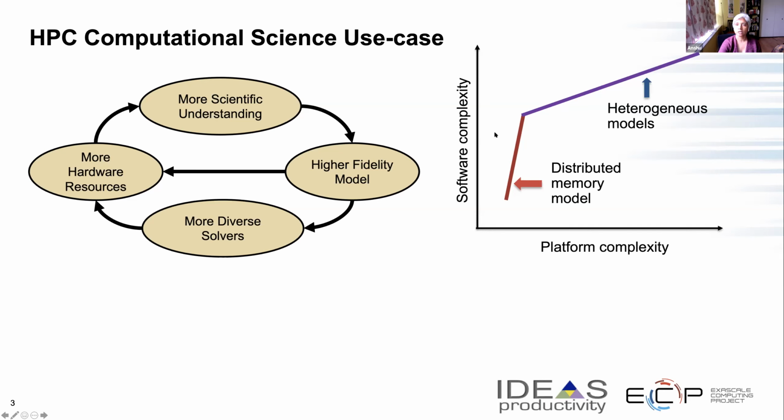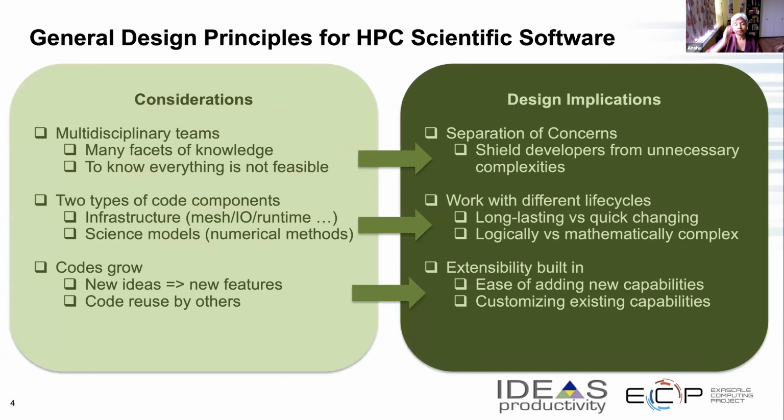Now what has happened is our software complexity has continued to increase because of better scientific understanding and higher fidelity models, but at the same time, platform complexity has been increasing tremendously, and so this is the line along which our overall complexity is growing. Therefore, what used to be not paid attention to very much by people, that is the software design, has all of a sudden become a critical issue.